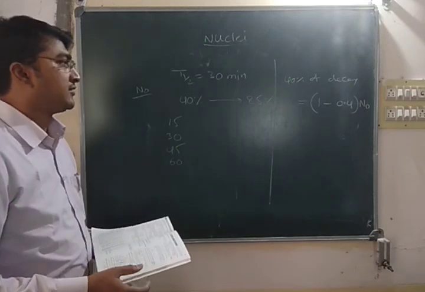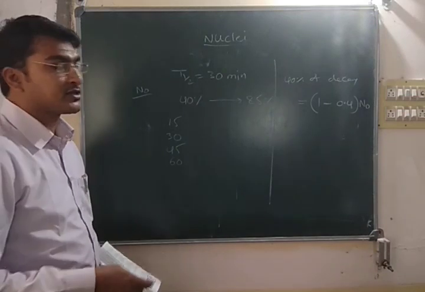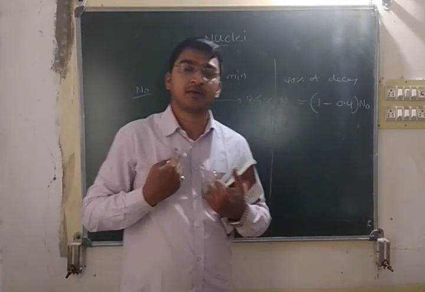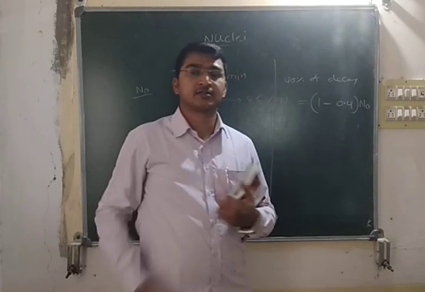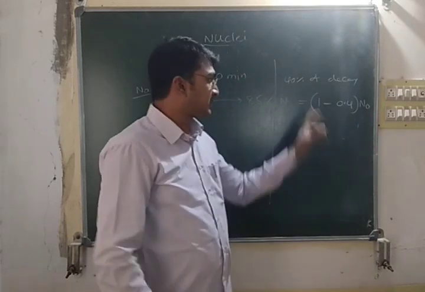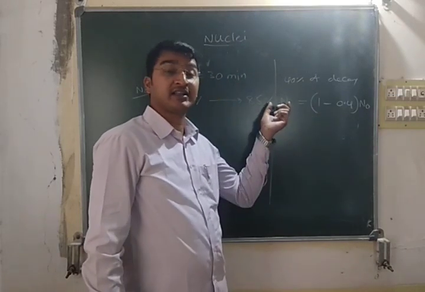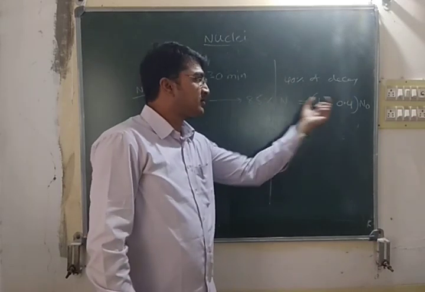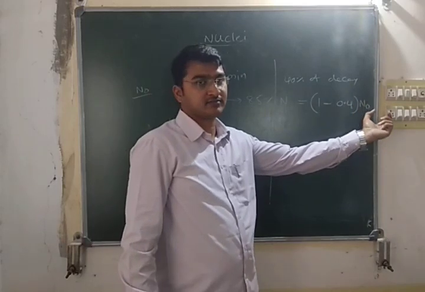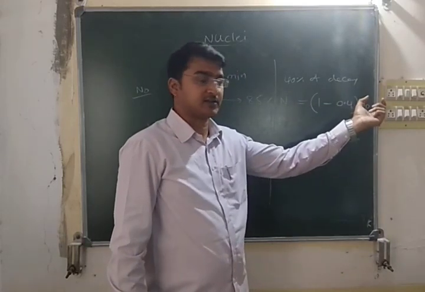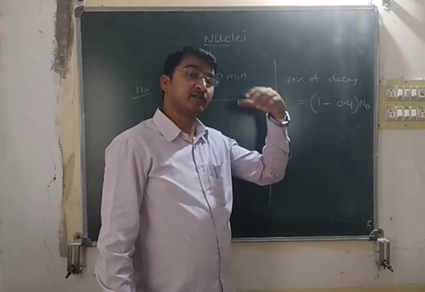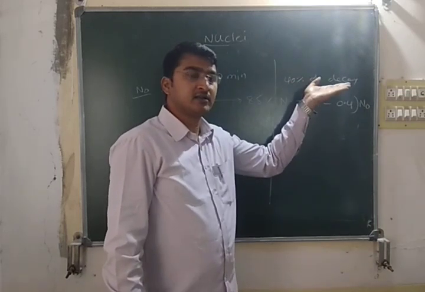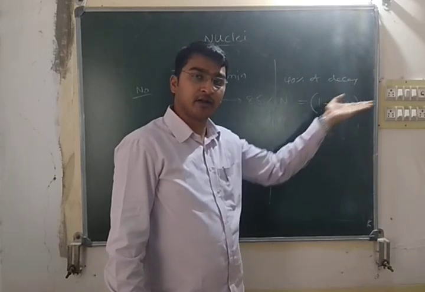What is remaining after 40% decay? Like having 100 rupees and a 40% decrease: 100 minus 40 is 60%. So N is equal to 60% of N naught. We convert 60% into a fraction by dividing by 100, so 60 N naught divided by 100 is 0.6 N naught.